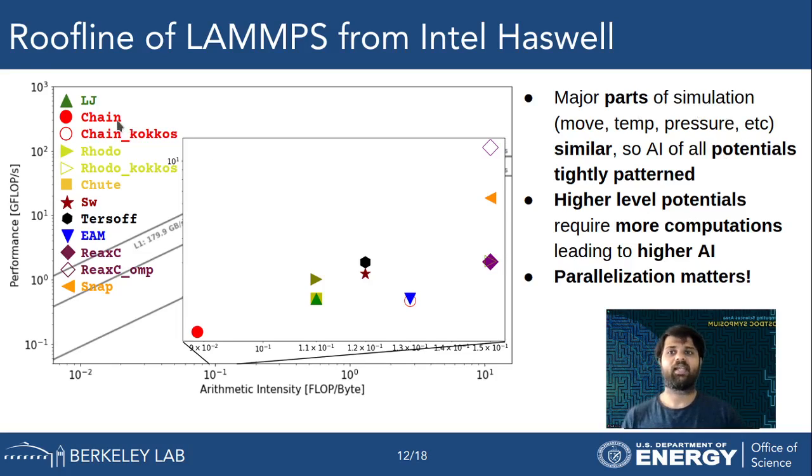Now, if you recollect, the Lennard-Jones, the chain, which is the FENE potential, and the Rhodo, or the Rhodopsin model with the CHARMM potential, were pretty much similar. But if you look at the roofline model, the Lennard-Jones term is here somewhere. Even though the chain and the Rhodo spin model were much more complicated, if you look at the parallelized version, meaning the KOKKOS versions, they show higher arithmetic intensity.